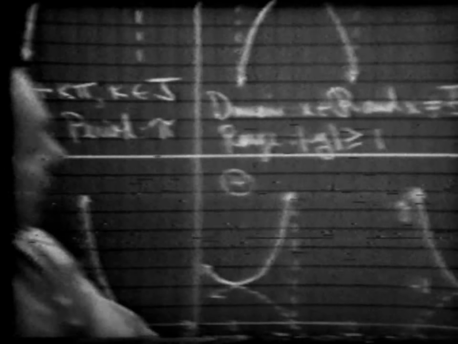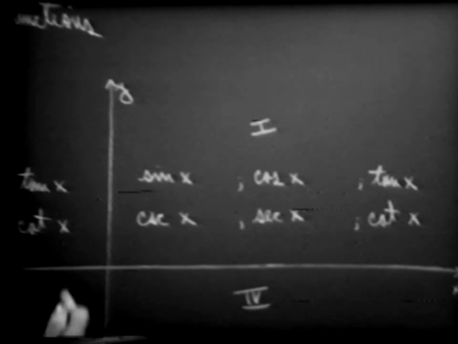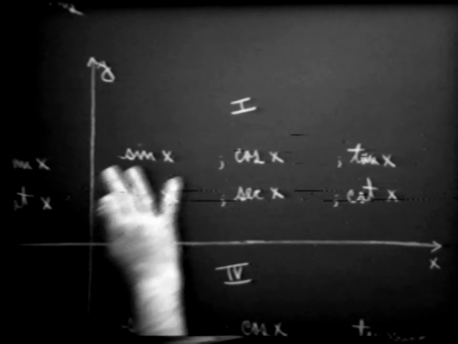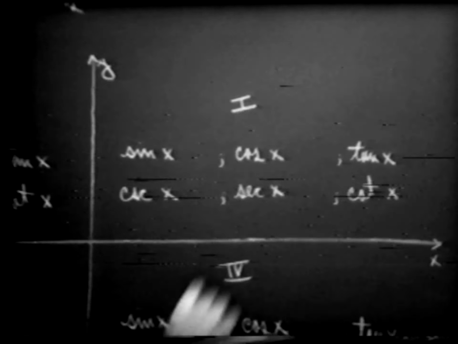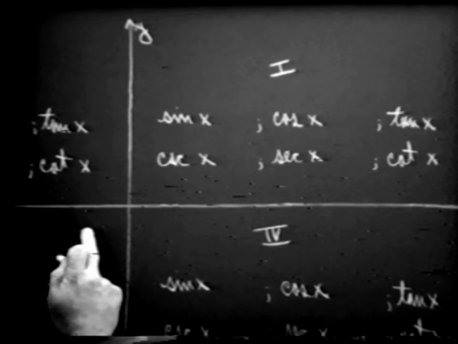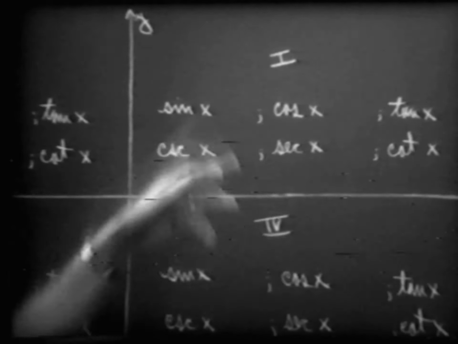Very good. Now, let's look at one last idea in this lesson, and that is the signs of these various functions. Now, if we think in terms of our coordinate system, our first quadrant is here, such that, now just imagine, say, a unit circle on this graph as I have it here, on this coordinate system. Now, the sine value, think geometrically.